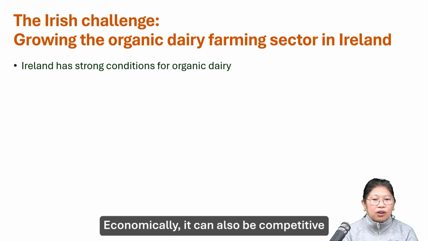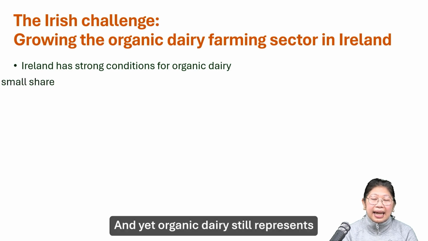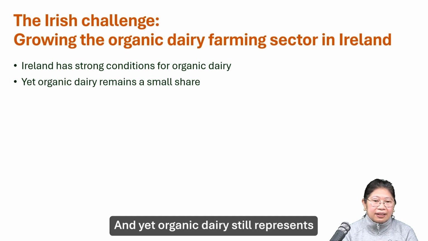Economically, it can also be competitive with conventional systems. In some cases, organic farms are among the most profitable on a per-liter basis. And yet, organic dairy still represents only a small share of total production.